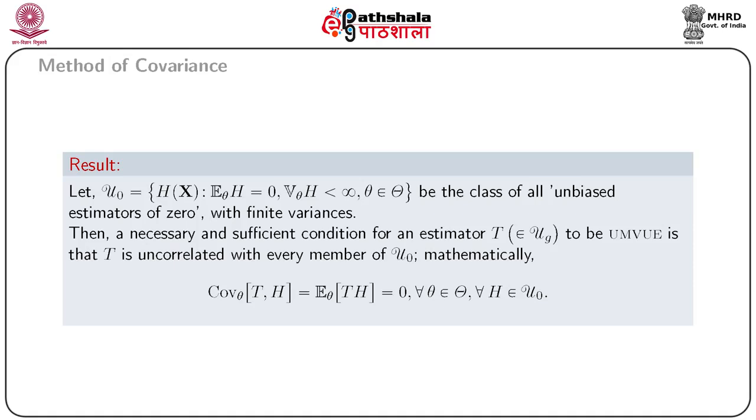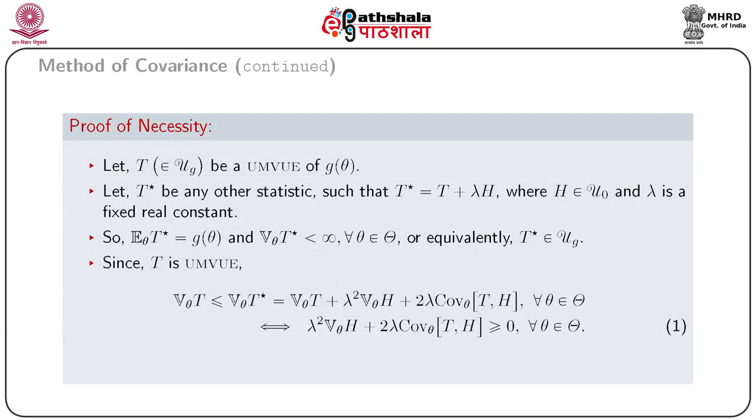Then an estimator T belonging to U_g is a UMVUE of g(theta) if and only if covariance of T and h equals 0 for all theta belonging to Theta and for all h belonging to U_0. That is, T is uncorrelated with every unbiased estimator of 0.